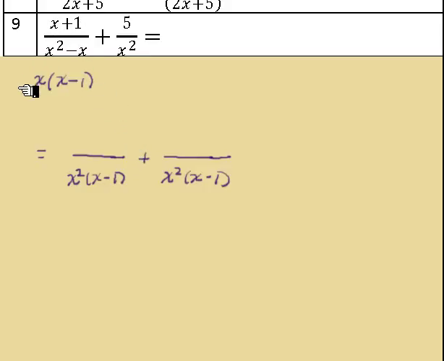Okay, so now to get an equivalent fraction, we have to multiply top and bottom by x. So here we have x times x plus 1. And here top and bottom by x minus 1. So here we have 5 times x minus 1. Let's just multiply out those numerators. All right, so here we have x squared plus x multiplying through, and here 5x minus 5.